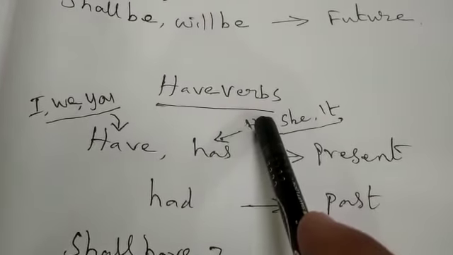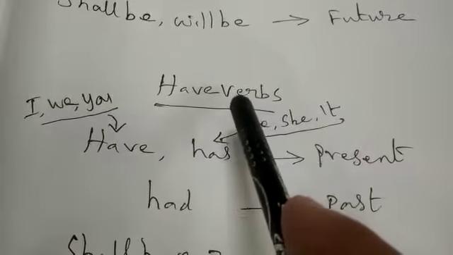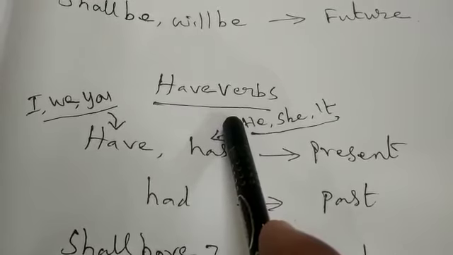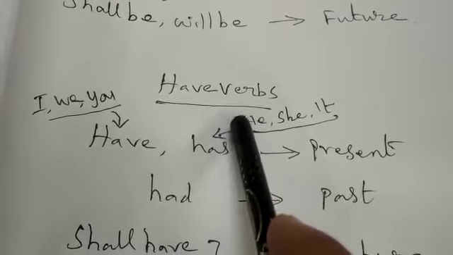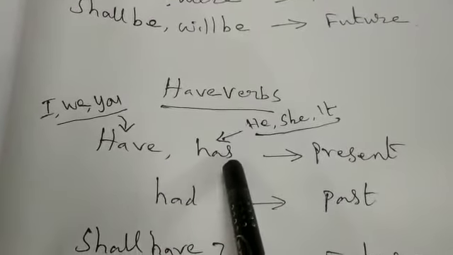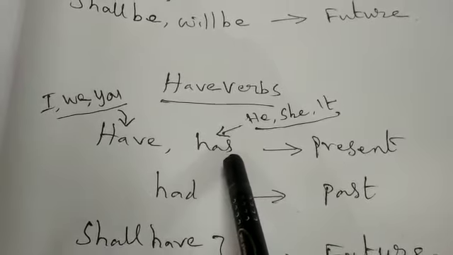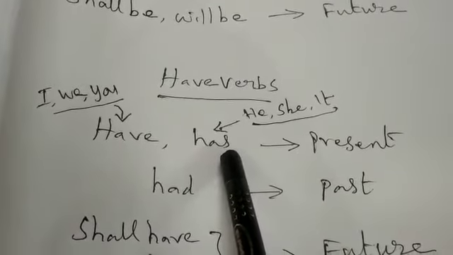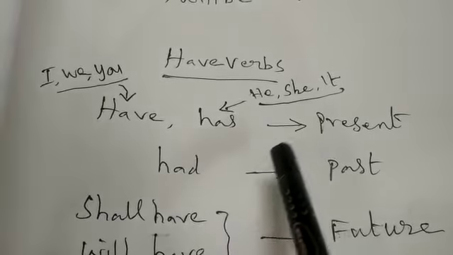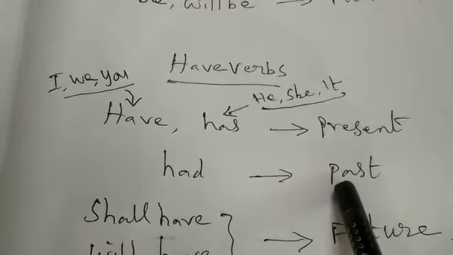If you find V3, I mean past participle, after have verbs, that sentence is called perfect tense. How to identify whether it is present perfect or past perfect? If you find have or has before V3, that sentence is called present perfect. If you find had before past participle, I mean V3, that sentence is called past perfect.